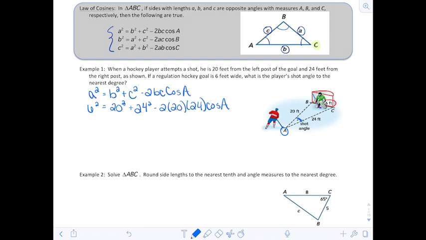So we can simplify all of these squares and combine some of these like terms.